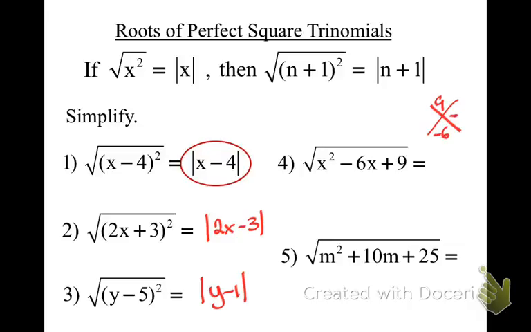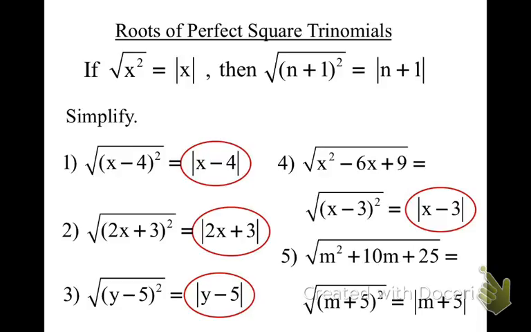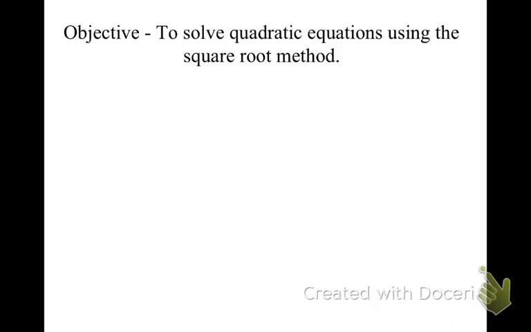What is it? x minus 3. So this is the same thing as x minus 3 squared. So what would it be? Absolute value of x minus 3. Good. And then the last one, it would be x plus 5, which would end up being the absolute value of m plus 5. Yes. Did you have a question, Nadine? I had a question, but because you wrote 2x minus 3, okay, no, I screwed up.